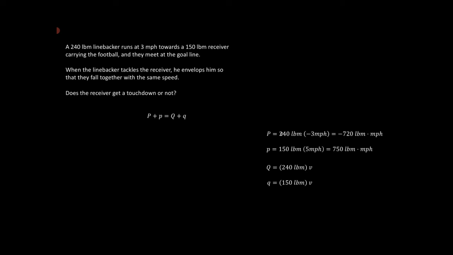Now we take these numbers and plug them back in here. Capital P is minus 720 lbm mph, plus little p, which is 750 lbm mph.